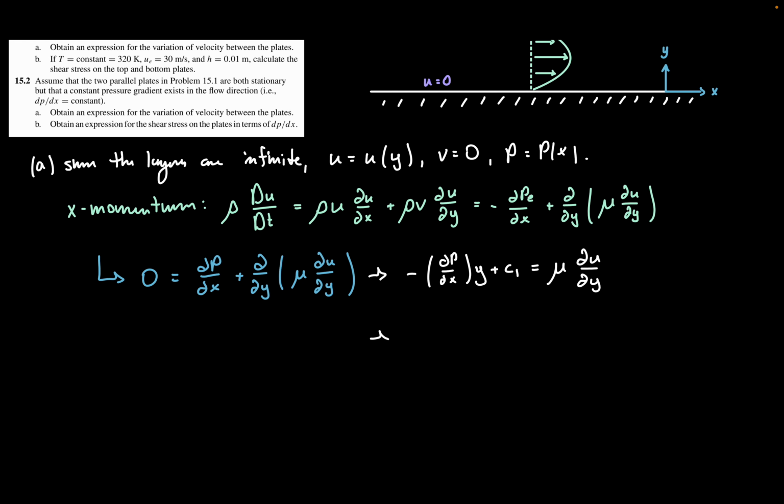And then we'll integrate again, such that we get negative dp over dx times y squared divided by 2 plus c1 times y. And then we'll also have plus c2, so we'll have another constant of integration.